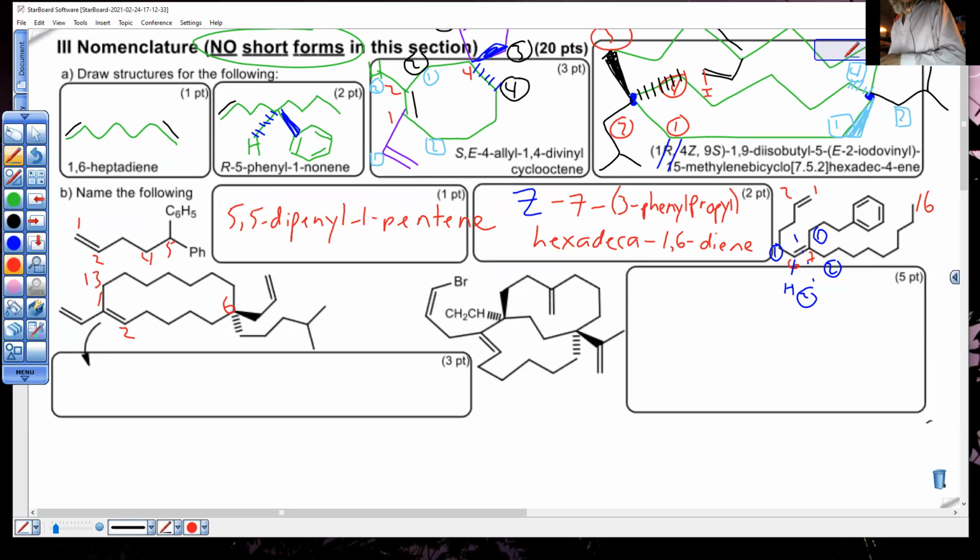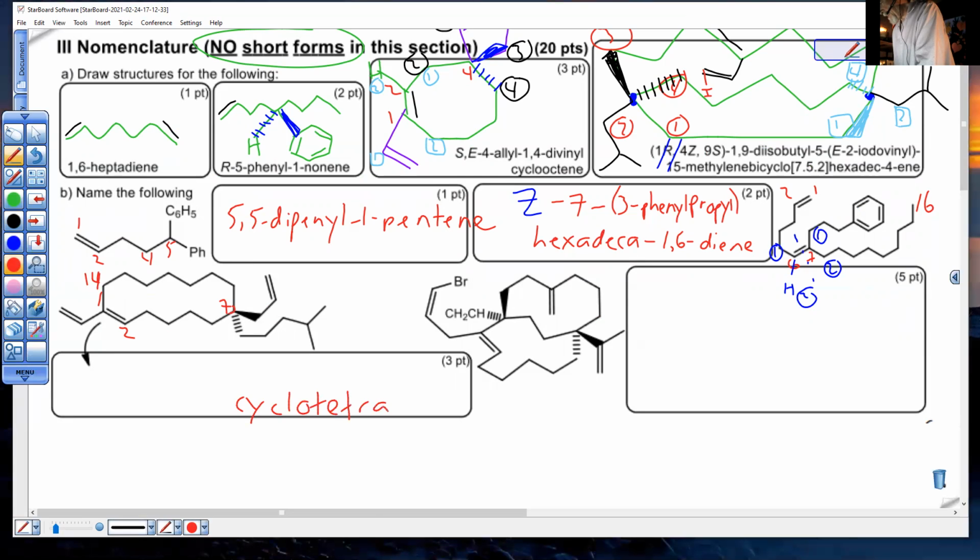Did I do that right? Seems like it might not be right. 1, 2, 3, 4, 5, 6. I didn't do that right. 7. 14. Cyclotetradecaine covers the ring and the double bond.